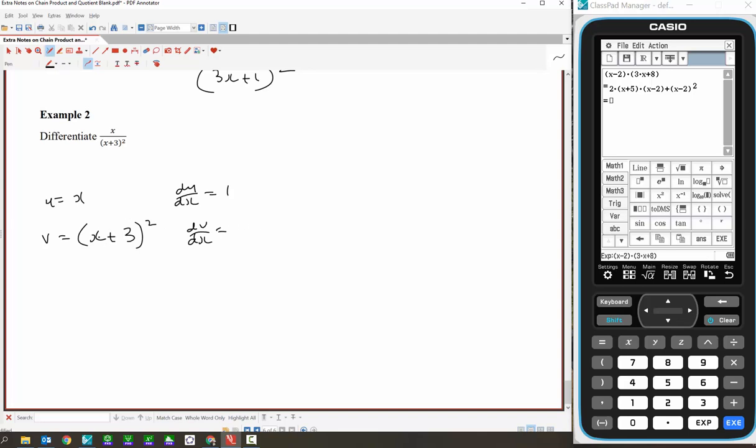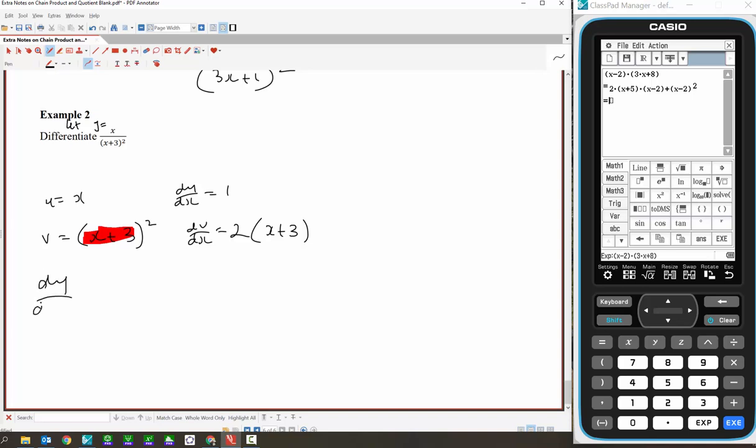Okay, so we've got chain rule here. So again, the way my brain does this, blocks that out, gets the derivative of the outer, 2 times x plus 3, power goes down by 1, power 1, multiply by the derivative of the inner, which is 1 in this case, so there's my derivative. Okay, so then we'll say let y equal that.